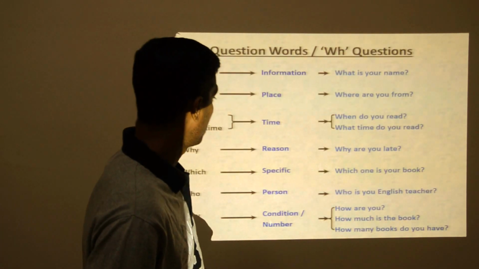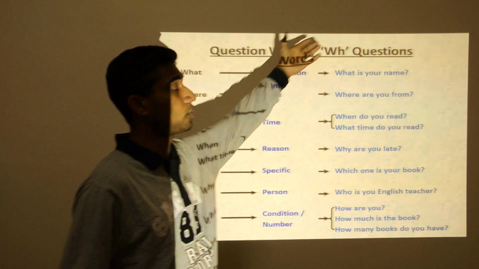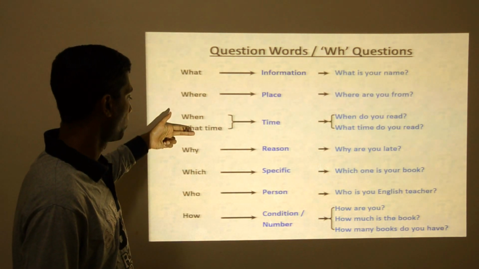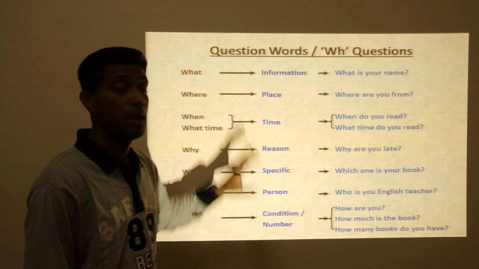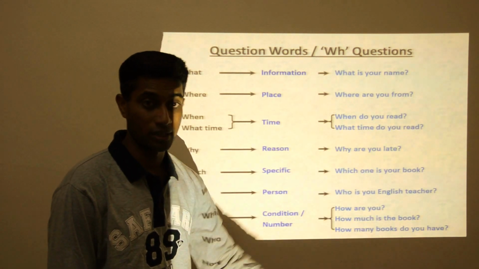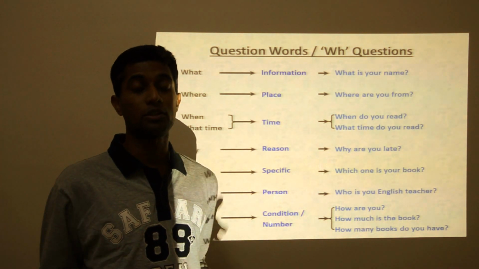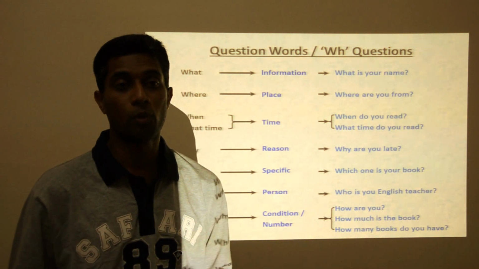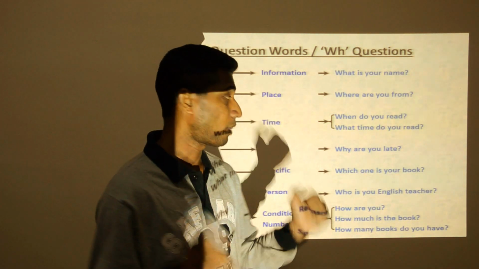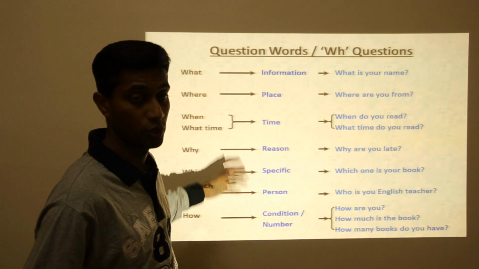To form WH questions, we're going to need all these words that are called the question words or the WH question words. These are what, where, when, what time, why, which, who, and how. But I'm not going to discuss this in this session; we're going to do it in the next session. First, let's do some practice and see if you have really understood how to form the yes/no question. Once it is clear, once you understand it properly, then we're going to use the WH words, the question words, to form WH questions.